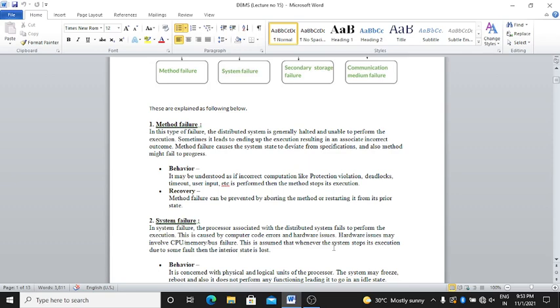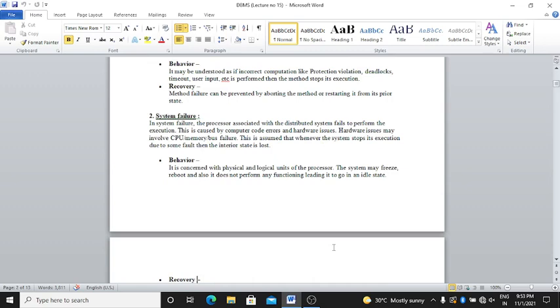Second failure is system failure. In system failure, the processor associated with the described system fails to perform the execution. Here the execution has failed. This is caused by computer code errors and hardware issues. Hardware issues may involve CPU, memory, and bus failures.